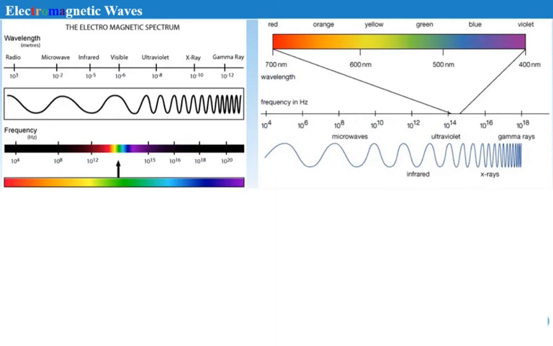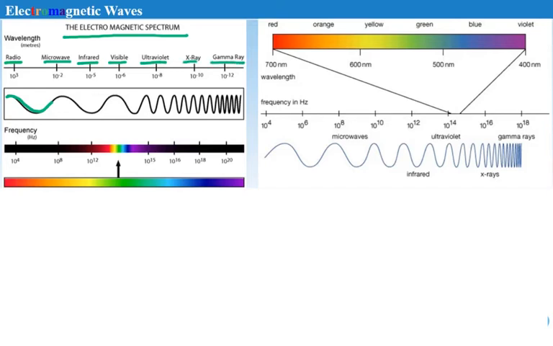The same things that happen to sound happen with light. So light is part of the electromagnetic radiation. So here is the electromagnetic spectrum. And this spectrum has radio waves, which have the longest wavelength, then microwaves, and then infrared, visible, ultraviolet, X-ray, and gamma rays.